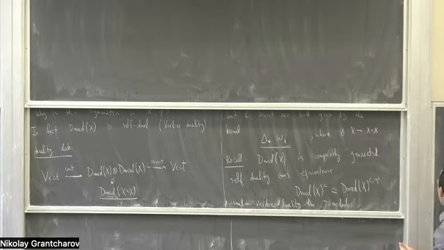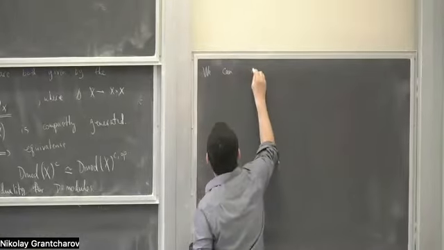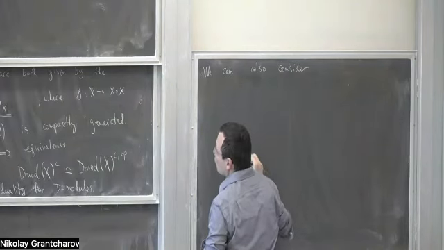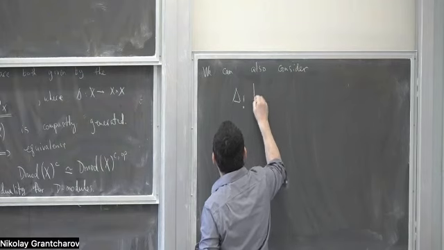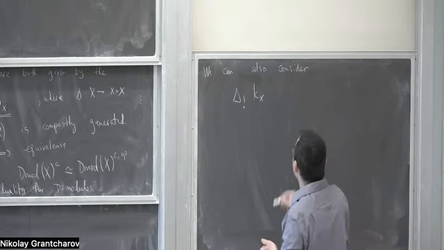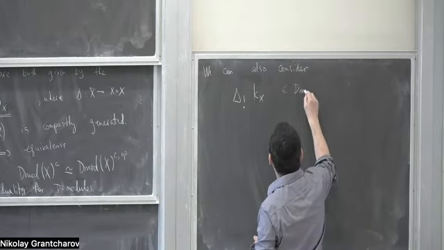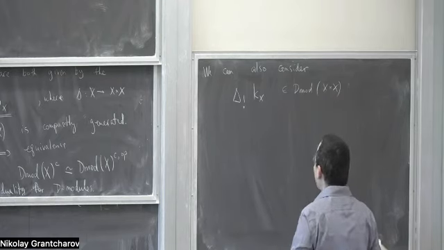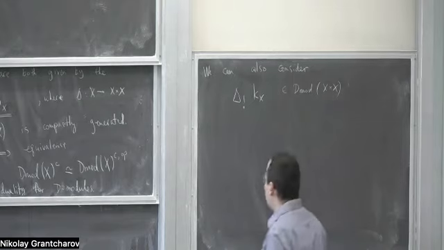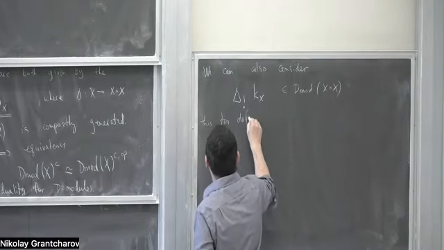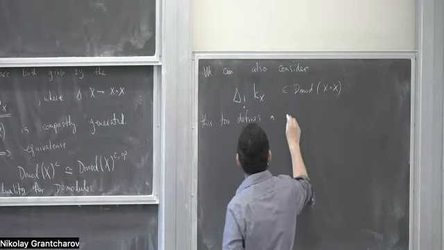And so we can also consider the lower shriek of the constant D-module. So this too defines a self-duality.